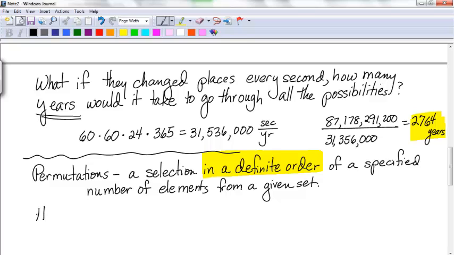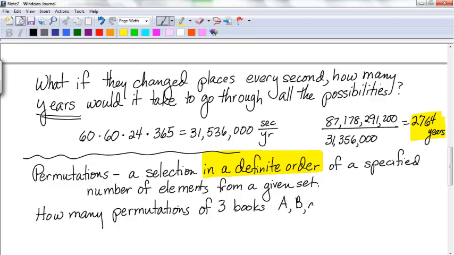If I said, how many permutations of 3 books, A, B, and C, I'm going to label the books A, B, and C, taking 2 at a time.